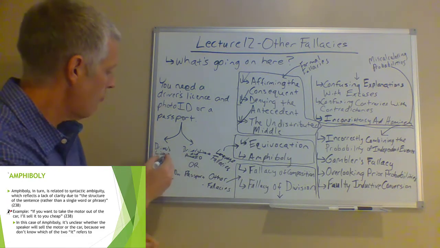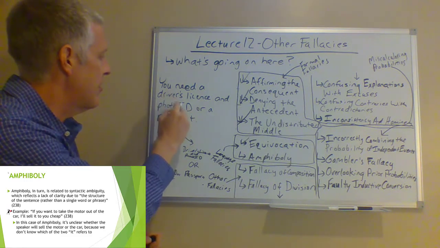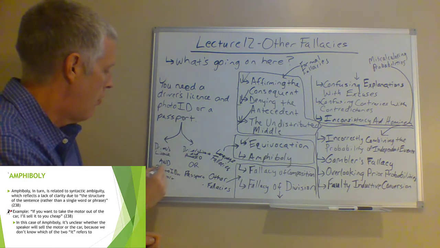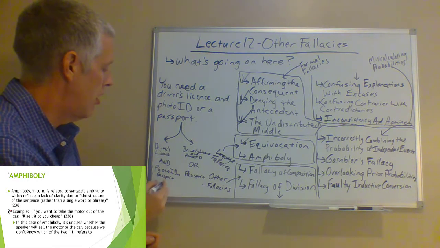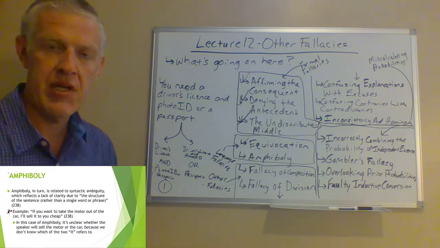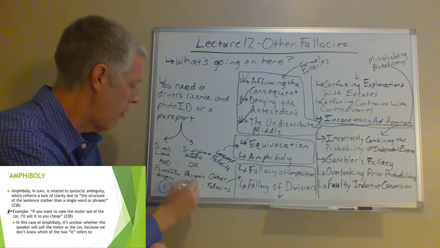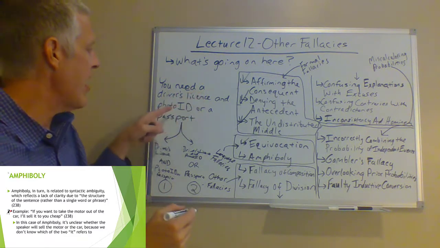Okay? On the one hand, we could read it as saying, look, you need a driver's license and, right, a photo ID or passport. Option 1 here. So you better bring your driver's license and then either a photo ID or a passport. Either one of those would work. Okay? Or does it mean you need a driver's license and photo ID?